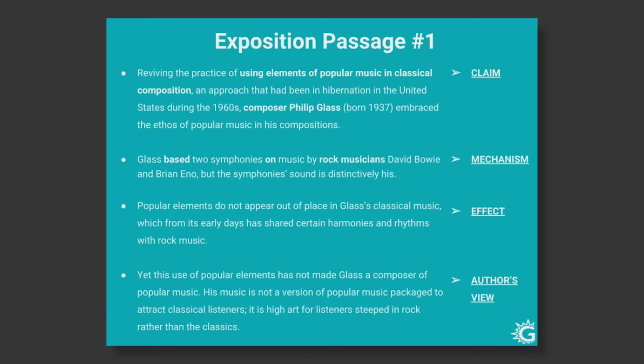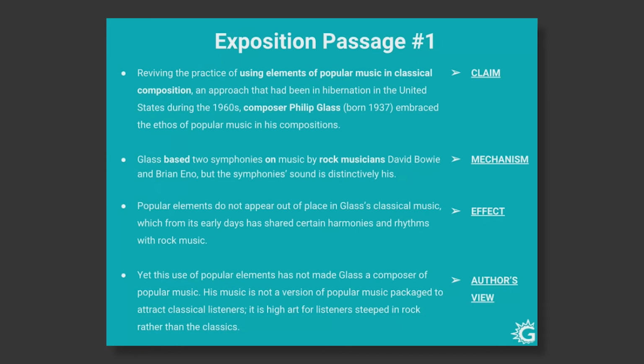Tells us something about Glass, advances a claim, tells us how that works and what its effect was, and finally what the author's opinion on that claim is. Now, having understood all of these nuances of the passage, tackling the questions is going to be a lot easier for you because now you're able to differentiate the author's view from the claim.